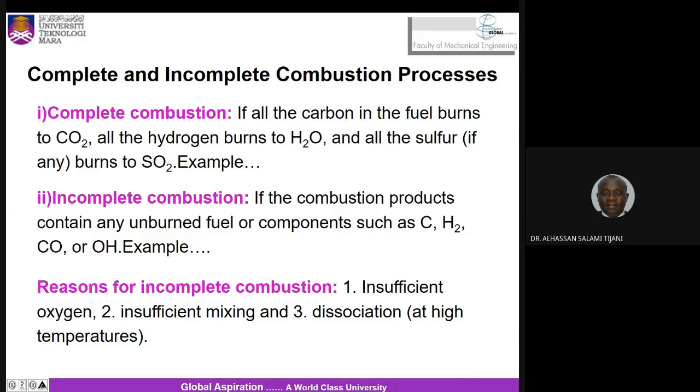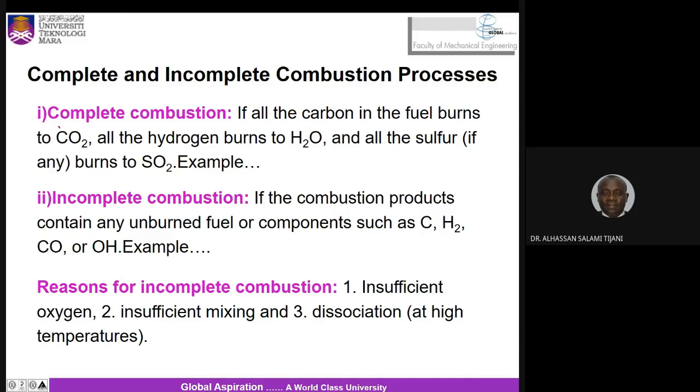Okay. Now, we have what we call complete combustion. You see, in every combustion chamber, when we don't put enough oxygen into the combustion system, the combustion will not be completed.